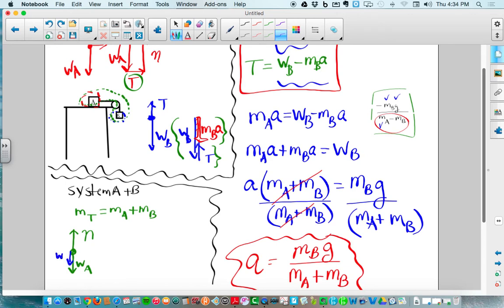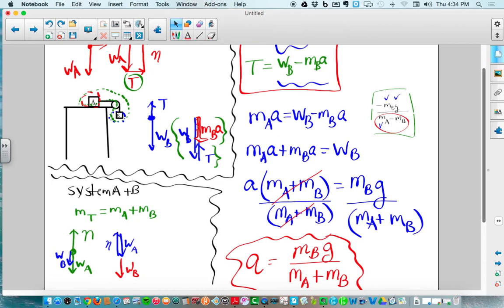So, all right, weight of object B. And if I do my vector sum diagram, normal force is going up, weight of object A adds to that to make 0. So I got normal force, weight of object A, and then I got this extra vector going down, and that's the weight of object B, right?